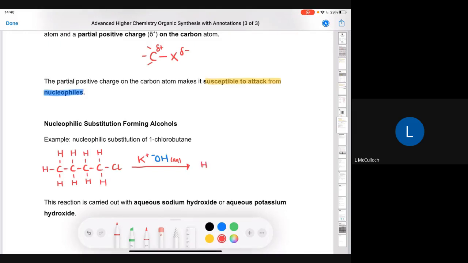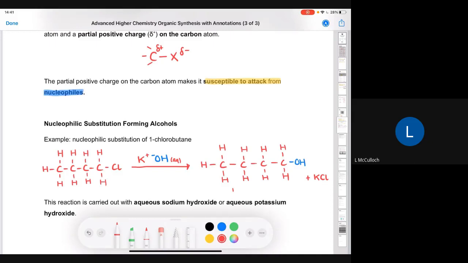So what will happen is the chlorine atom will be removed from the butane chain, and the nucleophile will take its place. And the potassium in the alkali will combine with the chlorine that has been removed.